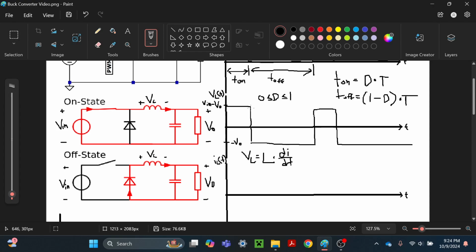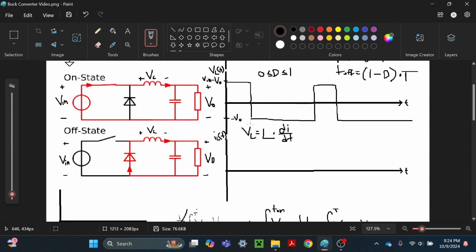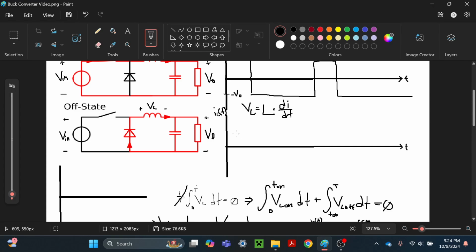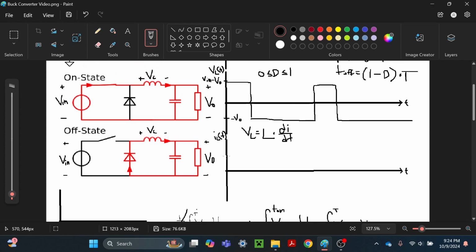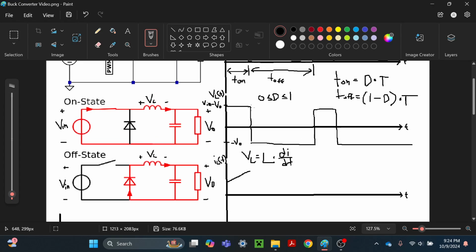So this is a constant voltage, V in minus V out, a constant positive voltage. So the slope of this is going to be a constant positive slope, right? The rate of change of the current is going to be proportional to this constant voltage.